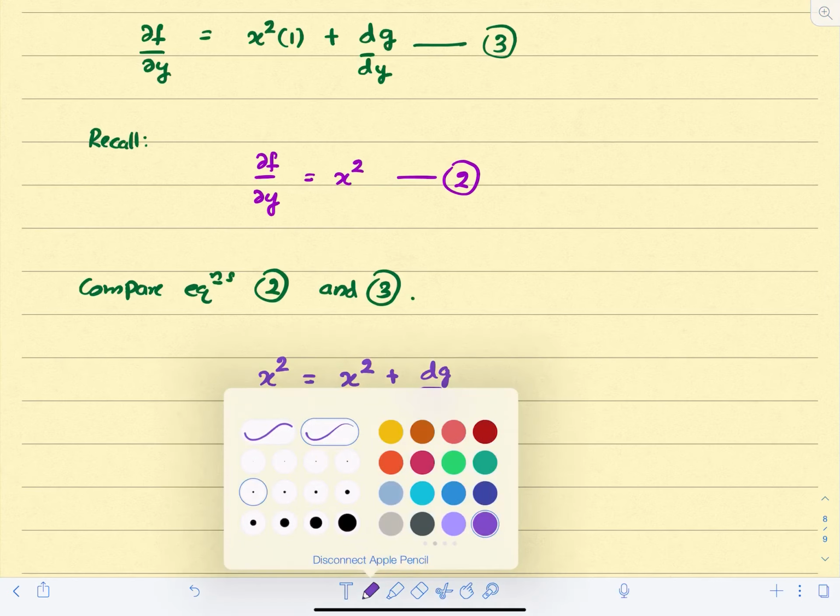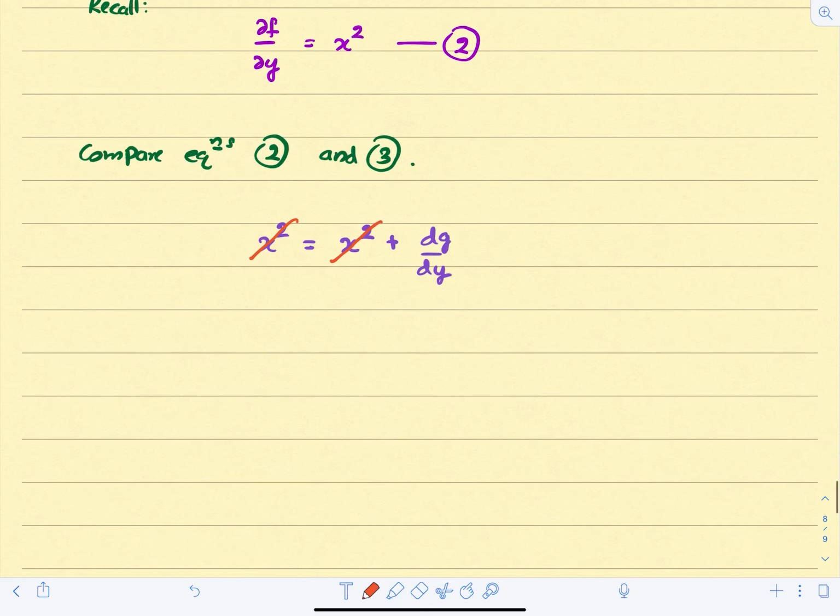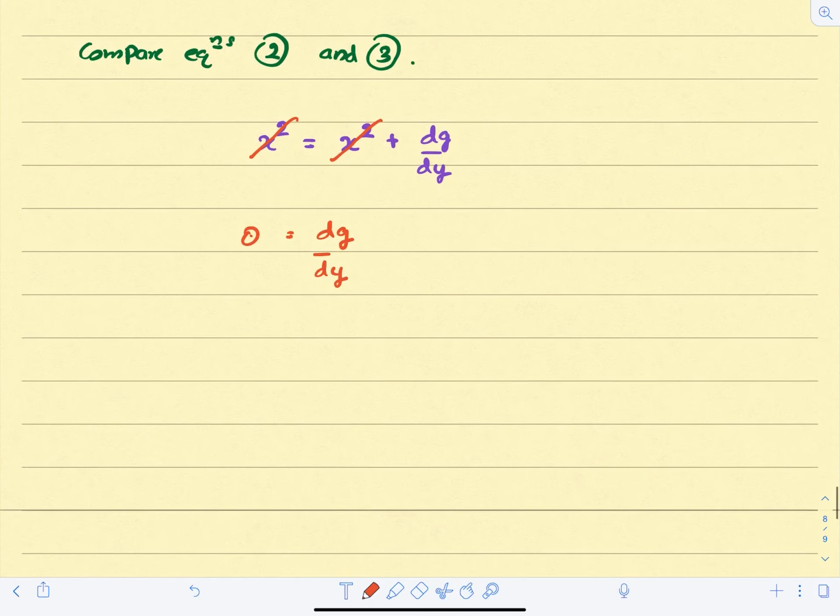If you simplify this, we can cancel this term with that, and you will get the derivative of g with respect to the y variable equals 0. Now recall, g is a function of the y variable only. This means g of y should be a constant.